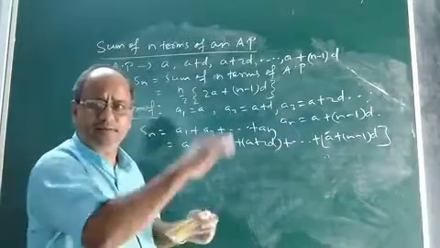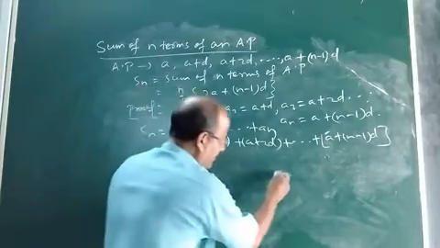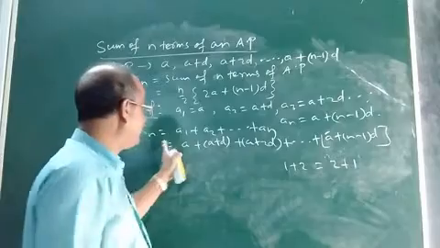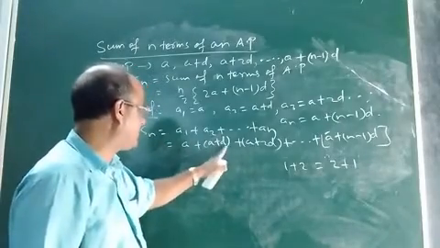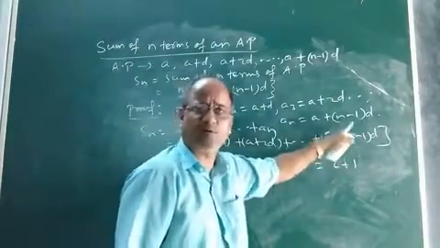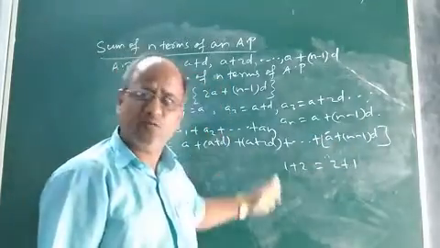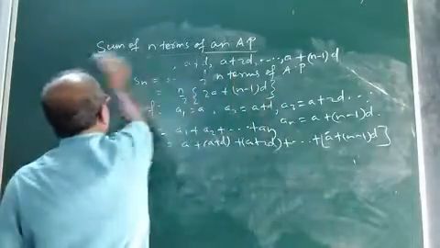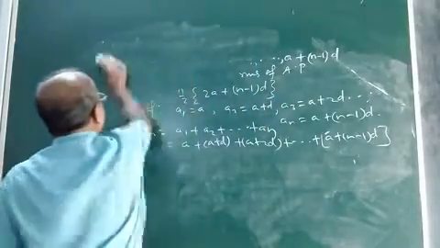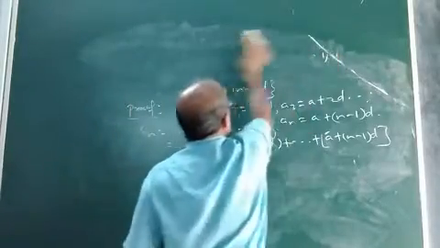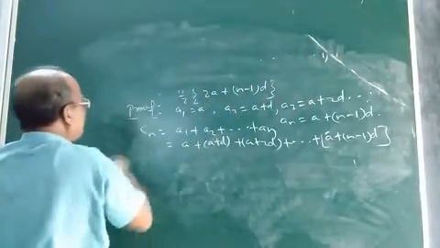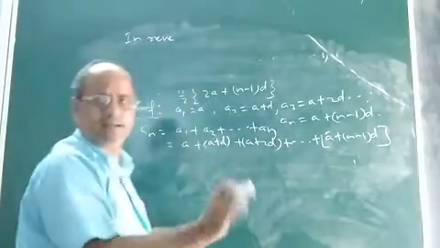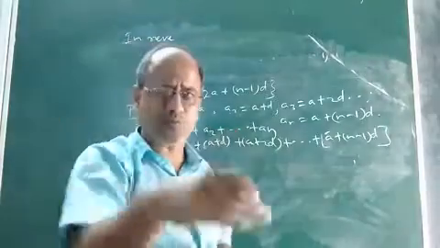Now you write that in reverse order. Reverse order means, children, you know 1 plus 2 is equal to 2 plus 1. So if Sn equals a plus d plus a plus 2d plus up to a plus n minus 1 into d, we can also write Sn in reverse order, because 3 plus 2 is 2 plus 3.